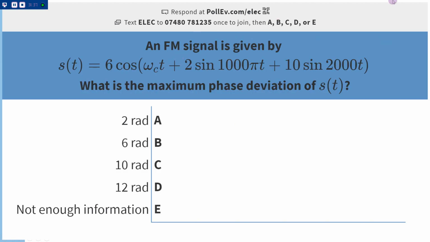Okay, less obvious now. Look at this signal. Where's the message? It's not clear where the message is, but it's somewhere here. Okay, for now, let's just say the message is something to do with these two. The question is, what's the maximum phase deviation? So how far will the phase deviate?